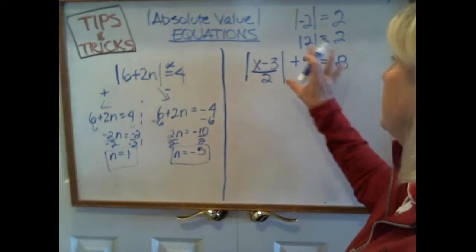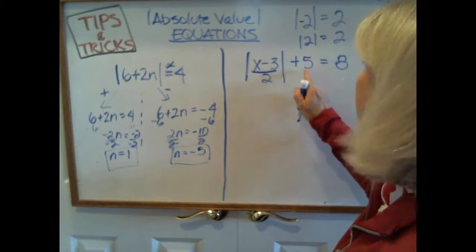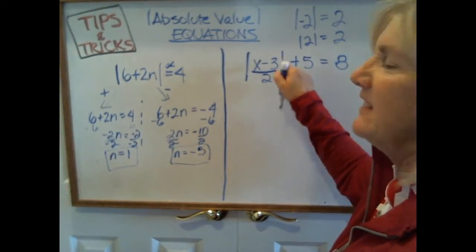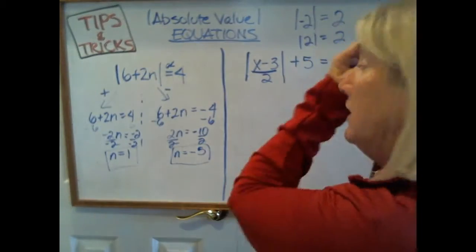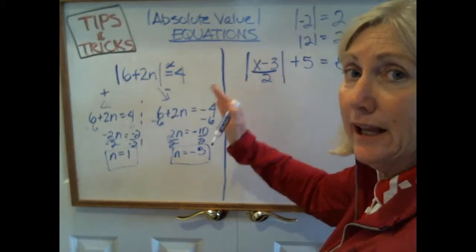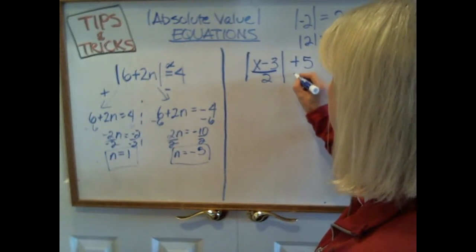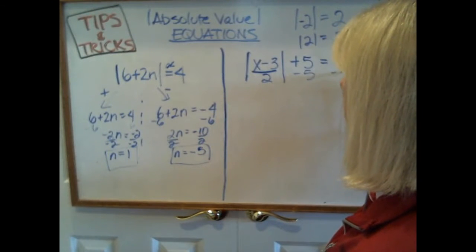Then I'm going to talk about my castle walls over here and what happens. So we have this 5 would be considered an enemy for that castle. So we can't let down the castle walls and put them into positive and negative right now, because that 5 is there. So what we need to do is subtract the 5 from both sides.